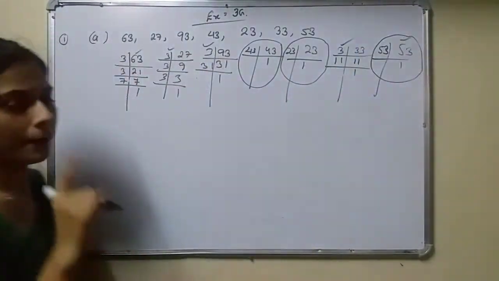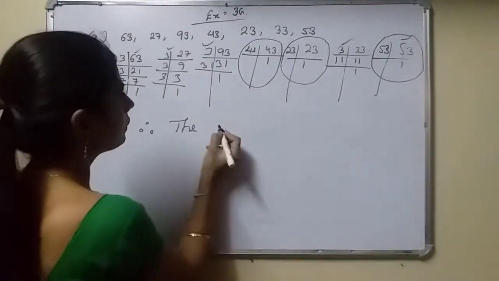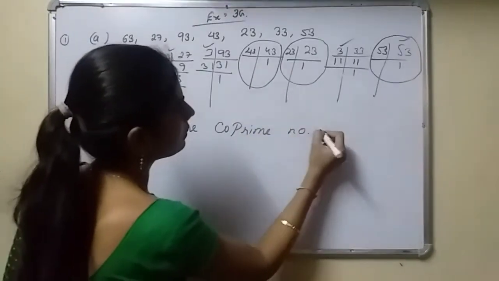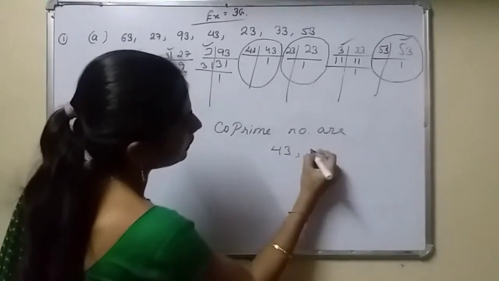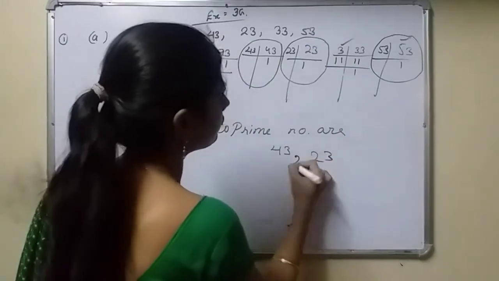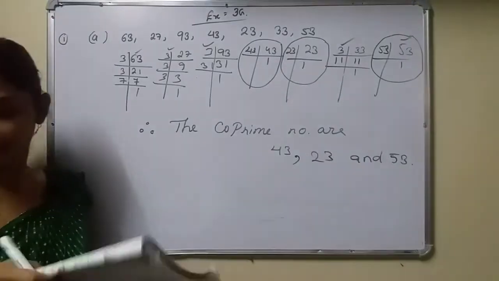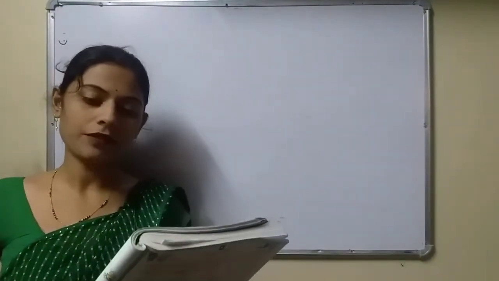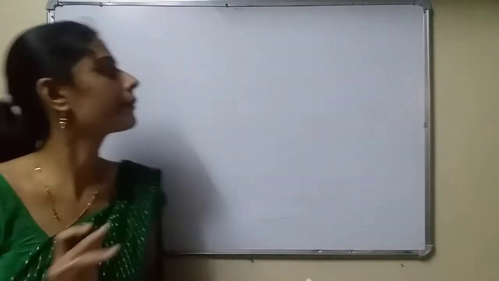Therefore the co-prime numbers are 33, 23 and 53.